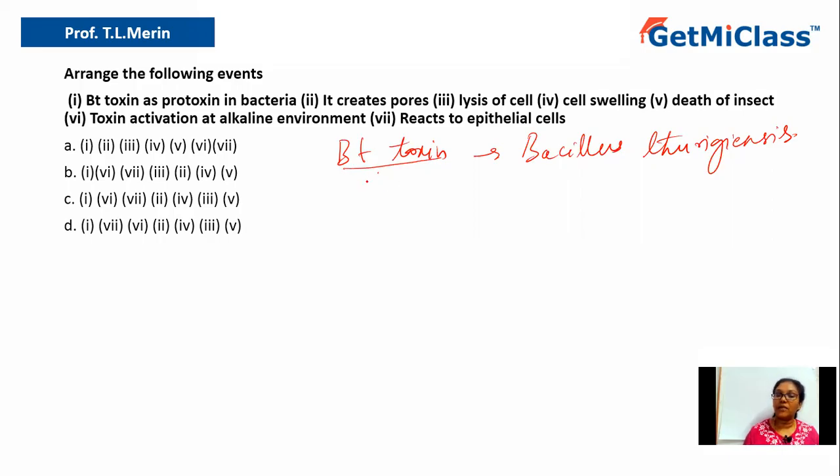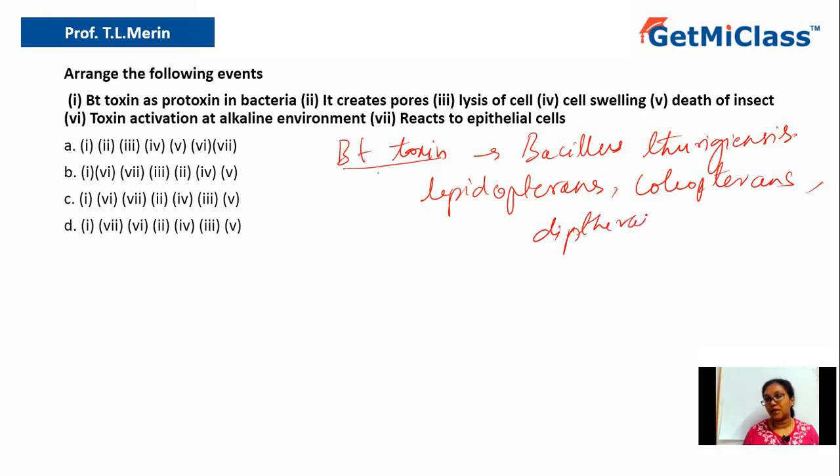When the organism feeds on that crop, or when this bacillus infects that particular organism, what will happen? Especially we are talking about the insects belonging to the group Lepidopterans. So these Bt toxins can work against lepidopterans, coleopterans, and one more important group, that is dipterans.